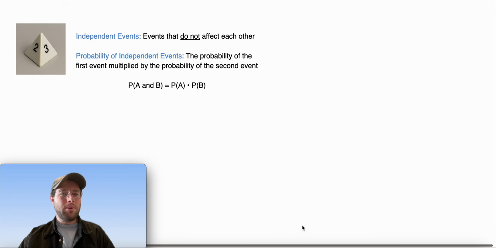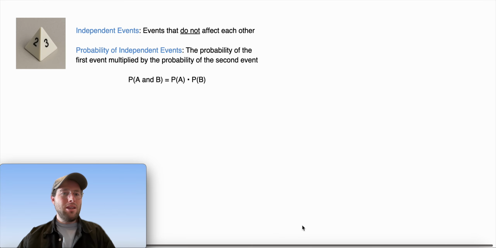Let's look at independent events. Independent events are events that do not affect each other. And the probability of independent events is the probability of the first event multiplied by the probability of the second event.